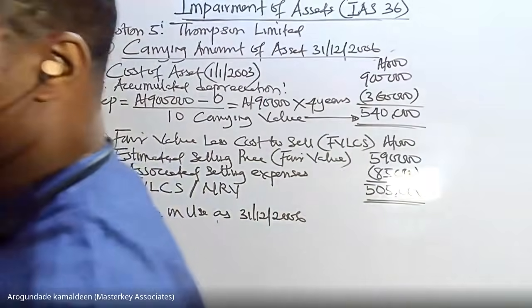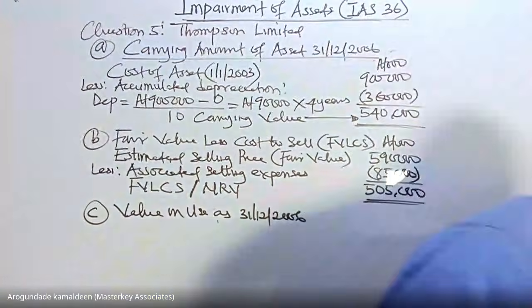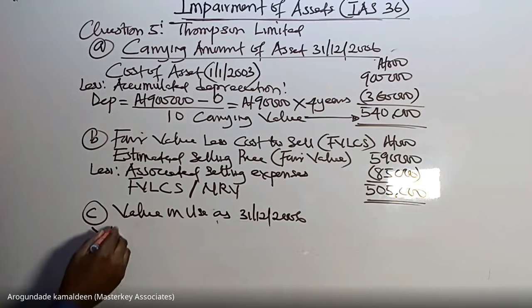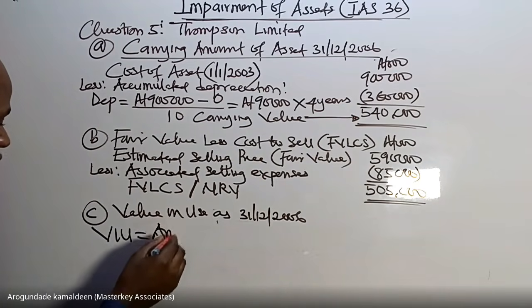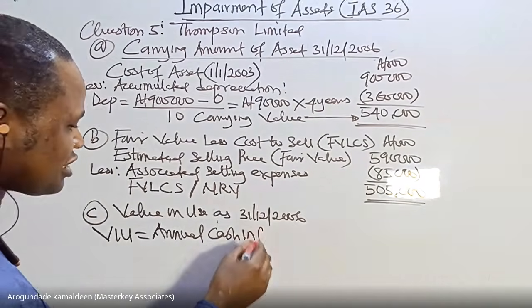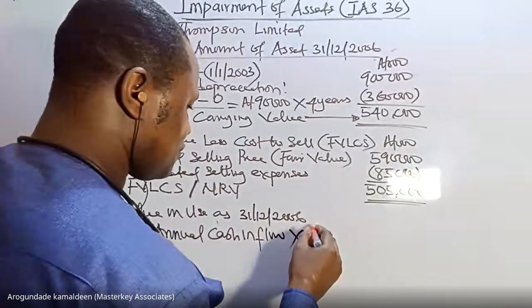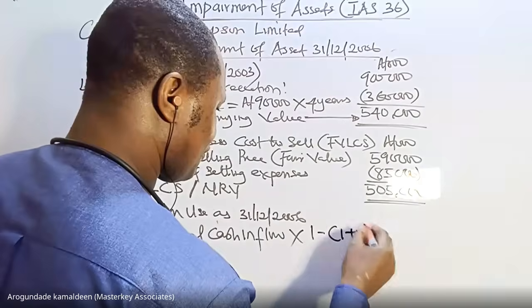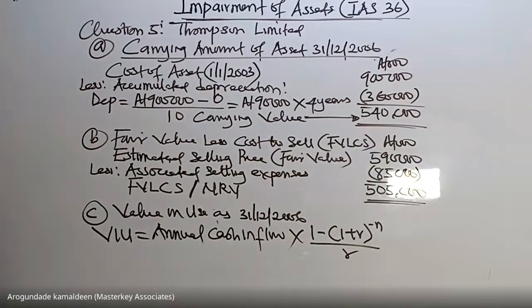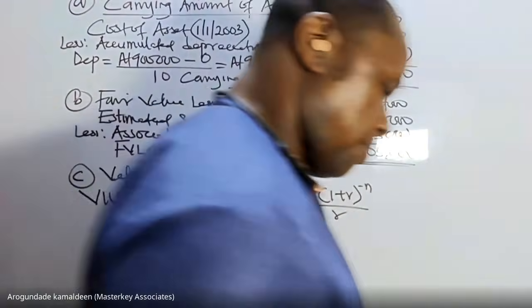Is that clear? So stop using that table to say year 1, year 2. No, that is a baby thing. Therefore, the value in use will be the annual cash inflow times the annuity factor, the same thing you have learned before.